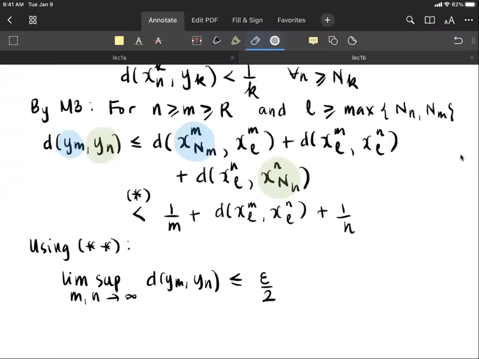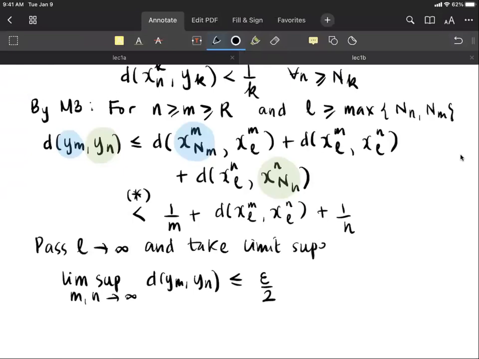To be more clear, you pass L to infinity first, and take the limit superior, or the limit supremum, as m and n tend to infinity. Here you see we need to use the double star.